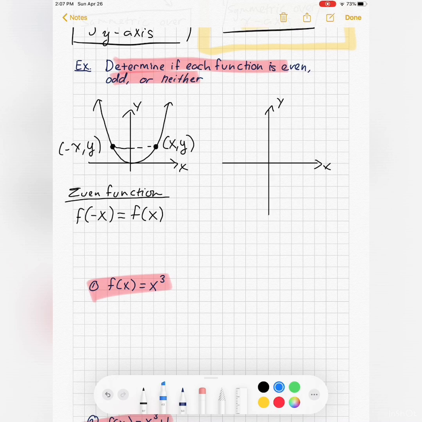That's just the algebraic way of saying that plugging positive x or negative x in gives the same y value.